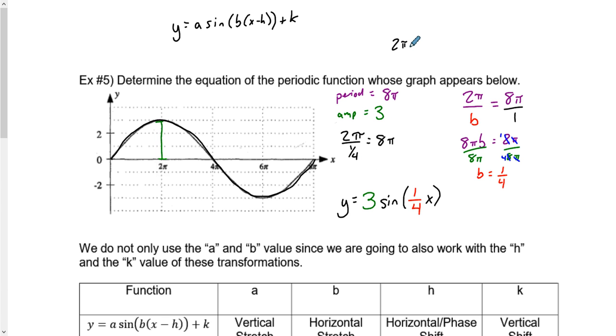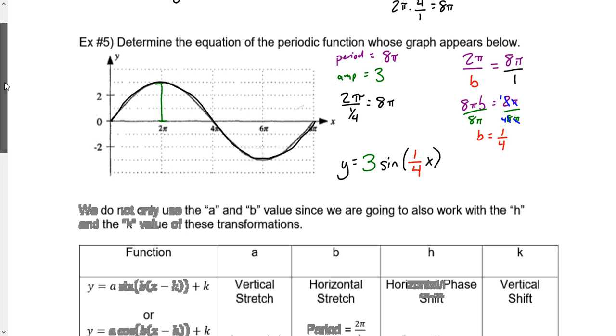So 2 pi dividing by 1/4 means multiplying by its reciprocal. 2 pi multiplied by 4 is 8 pi. Now, technically, you don't have to always do it this way. You could try and work it out in your head, saying 2 pi divided by what gives me 8 pi? Well, the calculation gives you it for sure. You may have to do some trial and error in your head to find out what your b value is here.